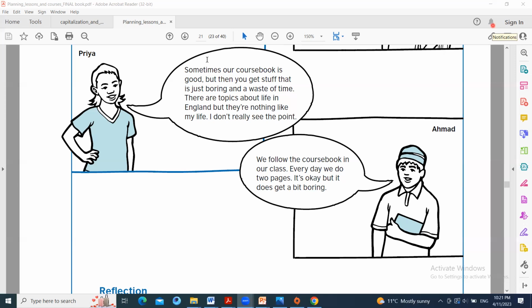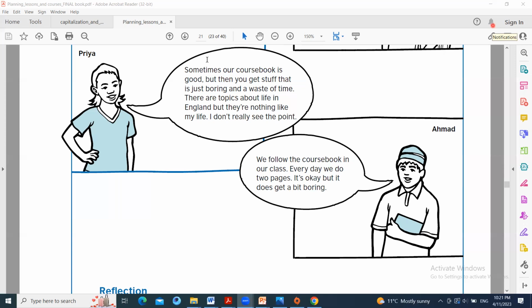So we can say Priya's teacher could do a needs analysis with the class to find out what they want or need to learn, and what topics they are interested in. So try to give them some type of opportunity to select their topics.